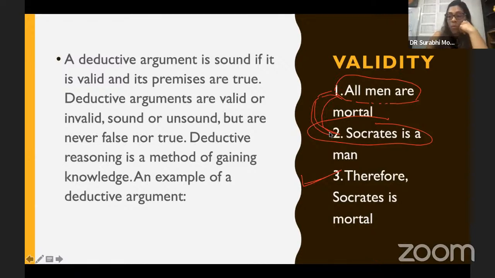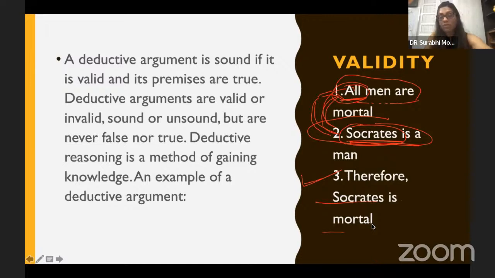Right? Now, when you have these two statements over here, in deductive logic, a valid argument is one that uses and combines the first two statements. So we will jump to the rules of the first two statements. What is it that guides the combination of these two statements and how we come out with the conclusion?